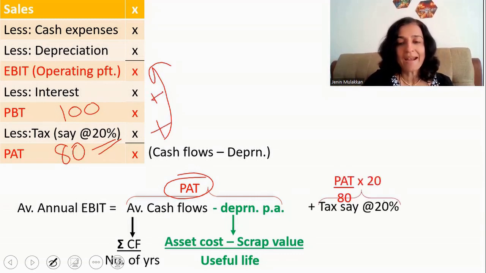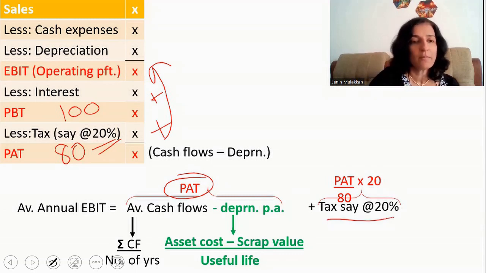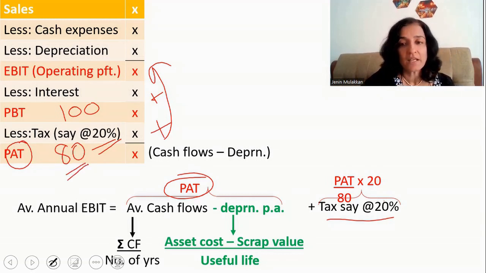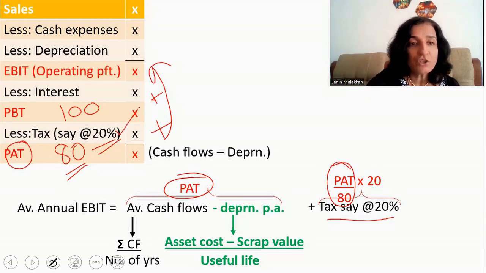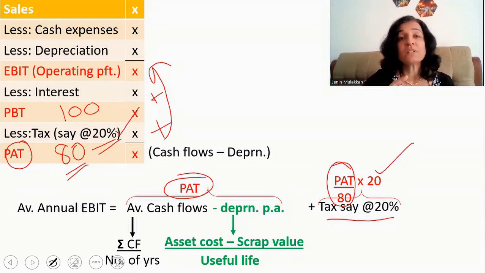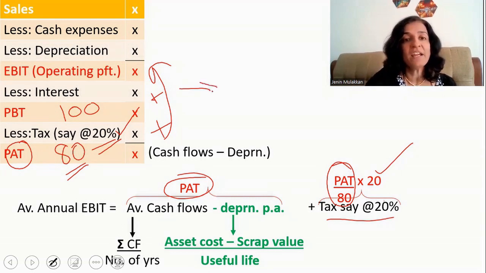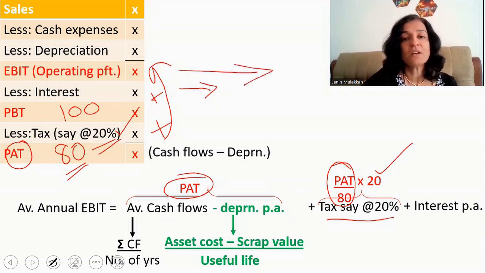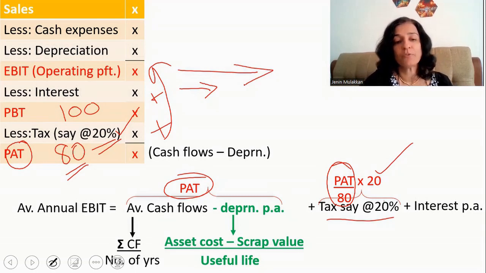In order to add back tax at the rate of 20%, profit after tax is equivalent to 80%. So profit after tax divided by 80 into 20 will give you the tax figure. So this is the adjustment that you have to do. And further, you have to add back interest also. So you add back interest to finally arrive at the EBIT or the operating profit.